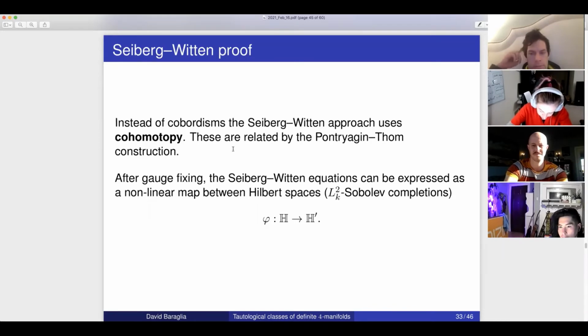The good thing is that to get cobordisms, you have to worry about transversality and all of those sorts of issues. But with cohomotopy, it's all homotopy theoretic, so you don't have to worry about any of that. The way this works is you write down the Seiberg-Witten equations with gauge fixing, in suitable Sobolev norms, and the equations will be a nonlinear map between Hilbert spaces.